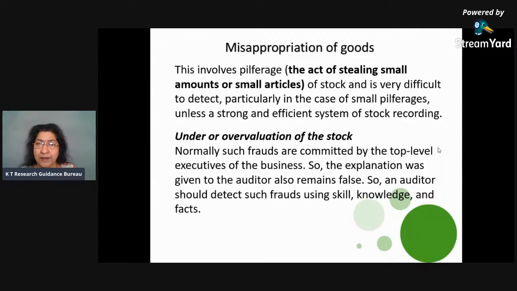Means in a company stock, the number of items are more. And if the person is stealing small amounts or small articles, then it is very difficult to manage and to verify.